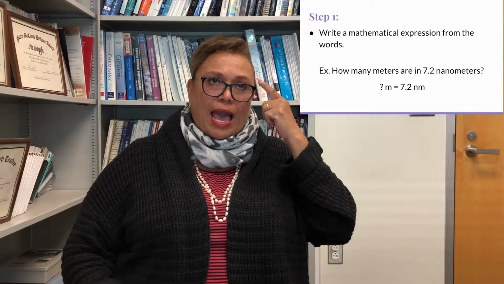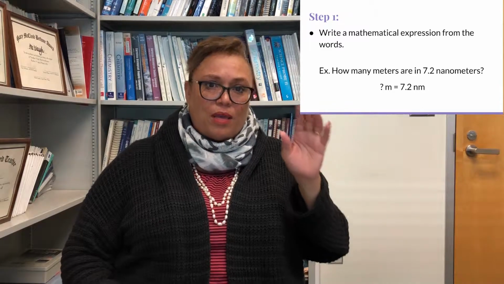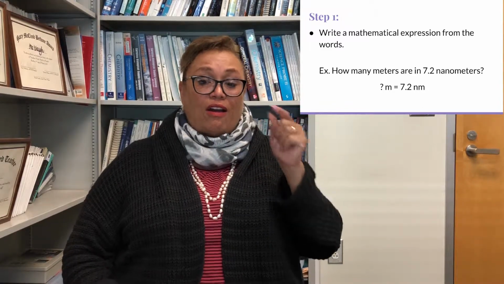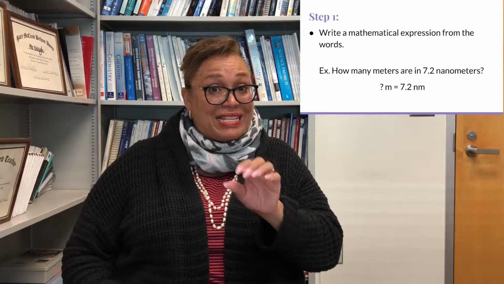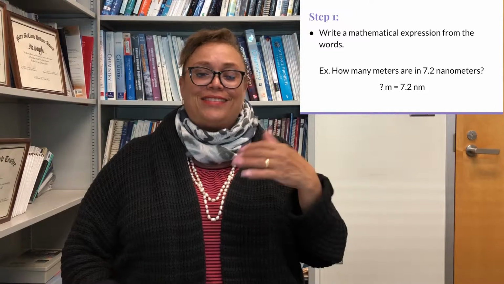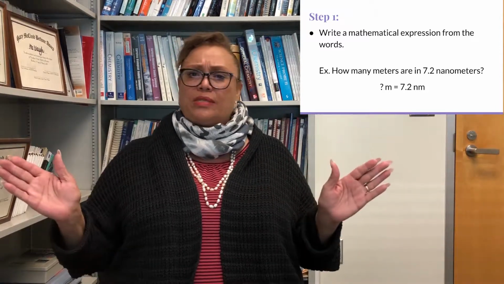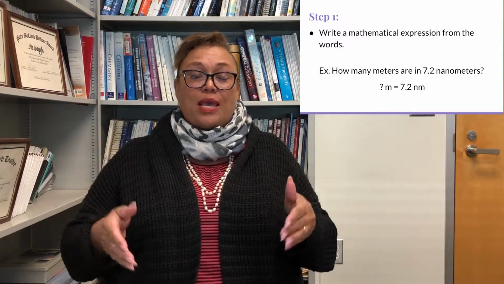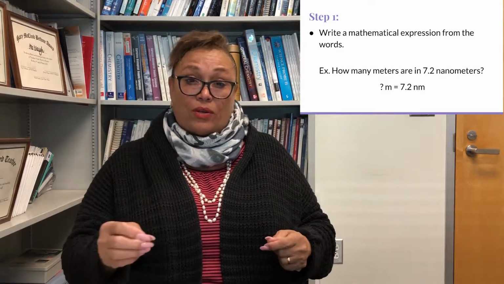So think, how many meters, how many, the question mark, meters is what you're looking to find, and "is" means the equal sign. 7.2 nanometers. Something real simple. So question mark meters is equal to 7.2 nanometers.